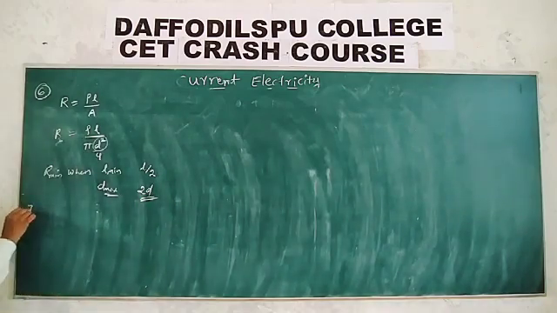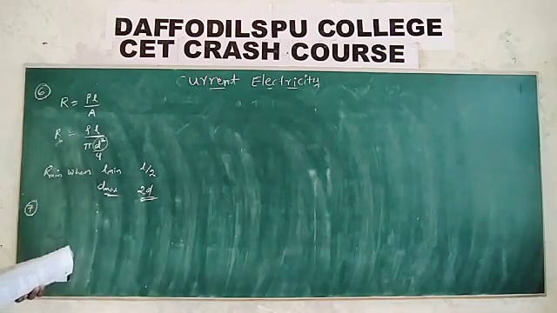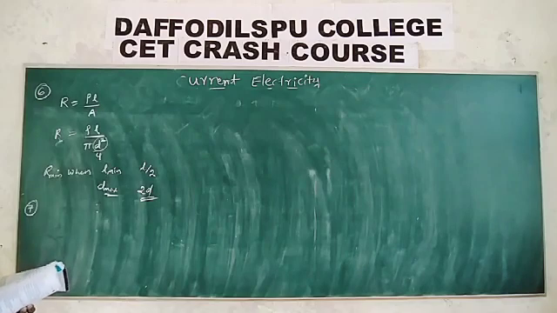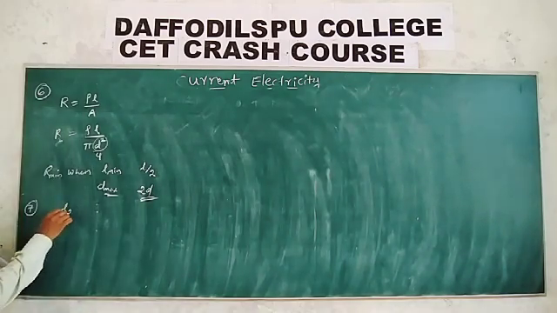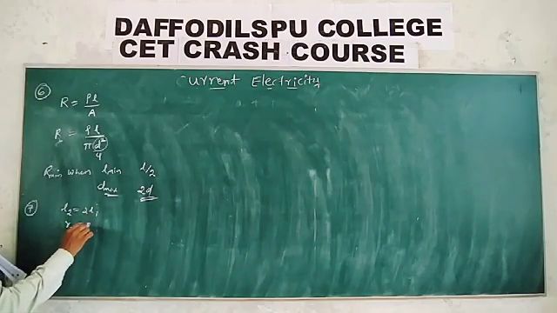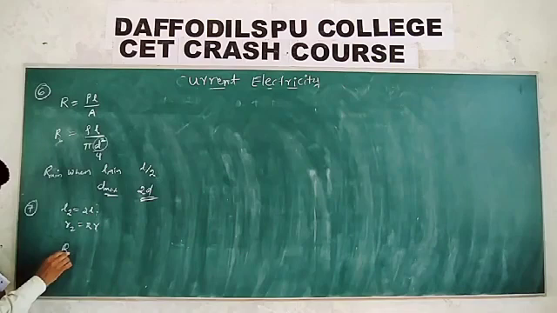Let us see seventh one. The electric resistance of a certain wire of iron is R. If its length and radius both are doubled, what should be the resistance?